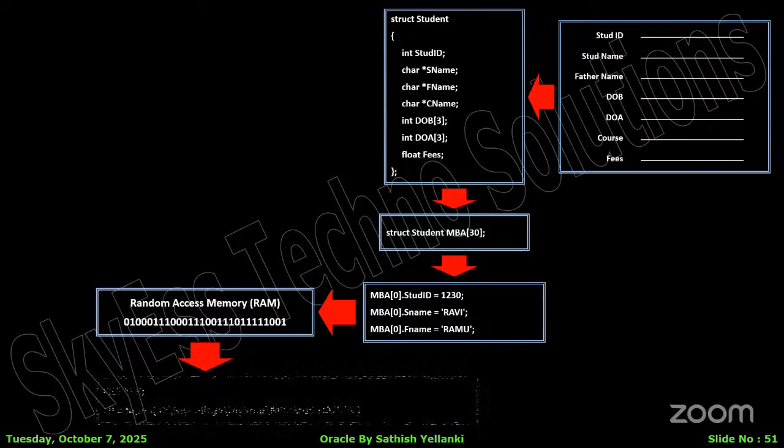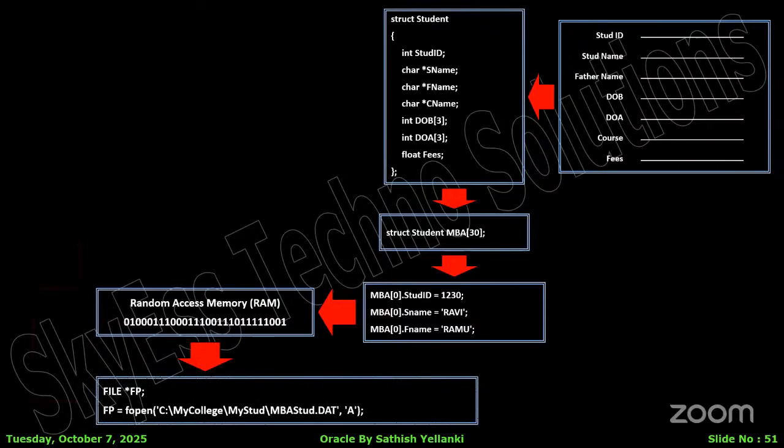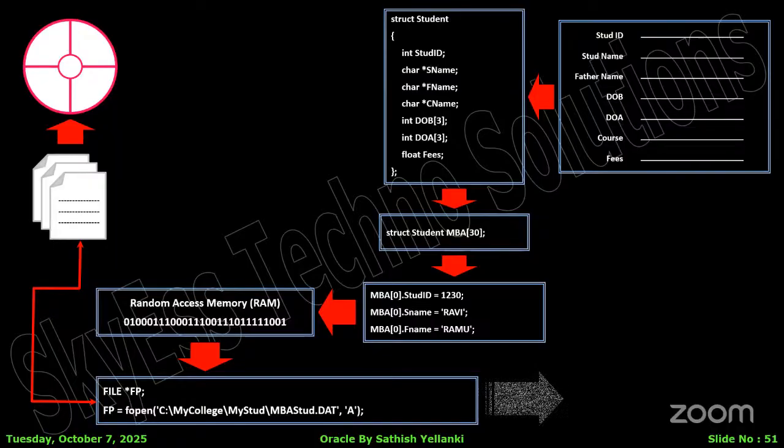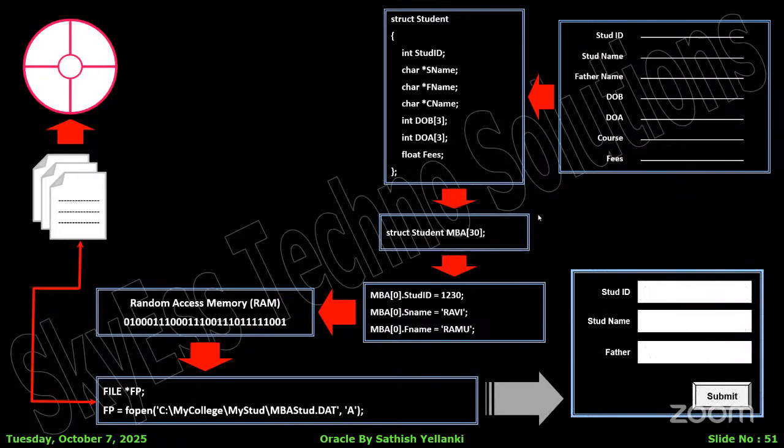So are we not sending this particular data using a file for permanent storage into the system? And finally, are we not presenting the data to the end user by using some front-end technology? The area where you participate in your project, in relevance to that, your physical and logical structures will come into the picture.